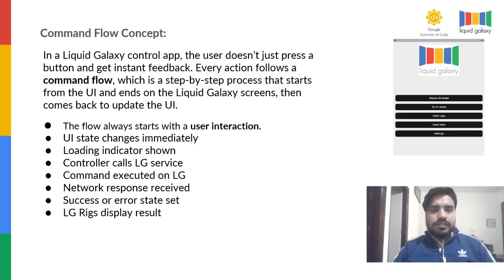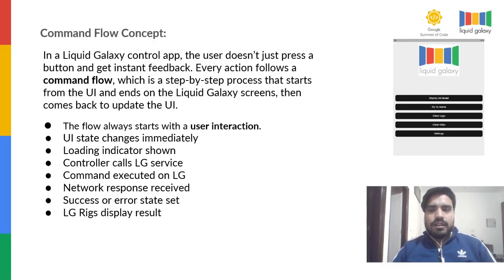So let's look at the step-by-step process. The flow starts with the user interaction. As I told you, if I press the fly to button, then the UI starts to change immediately, and an indicator will display on the fly to button. Then the controller calls the LG services for that command.